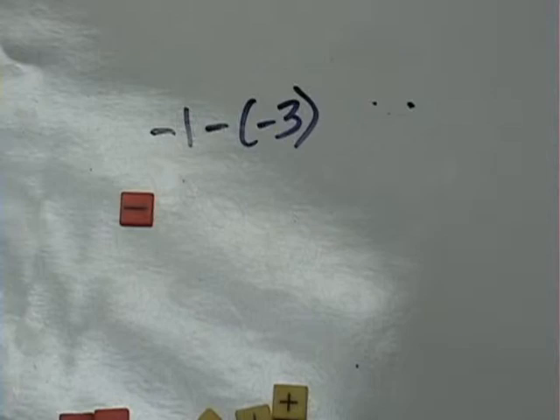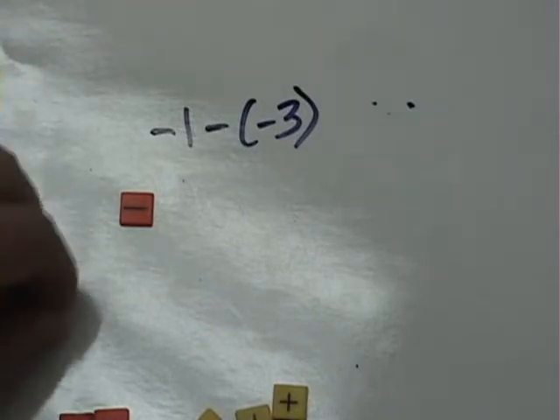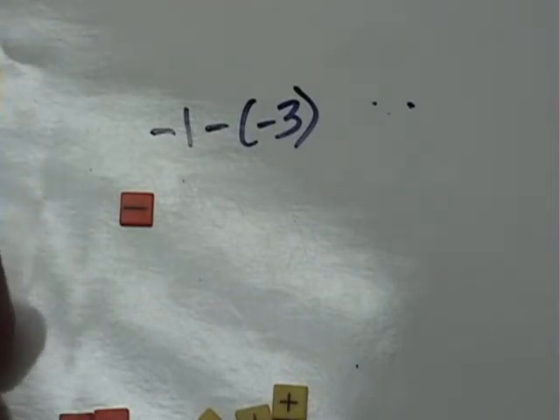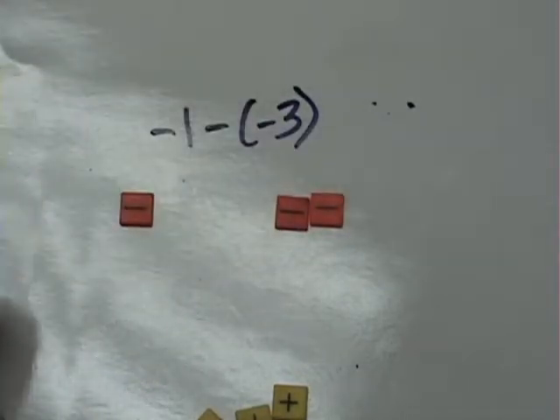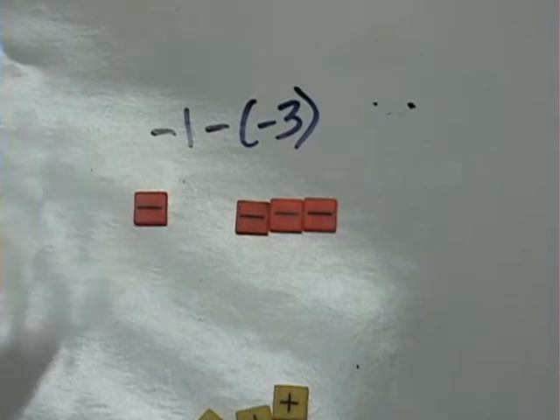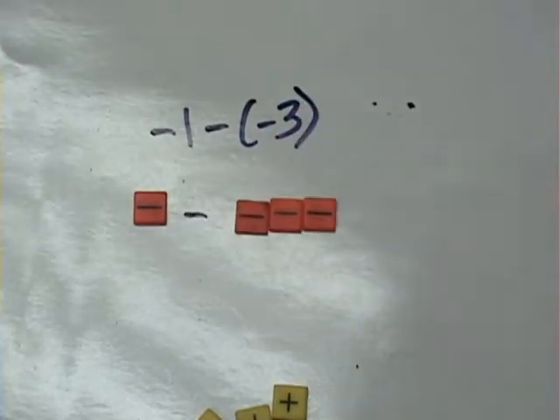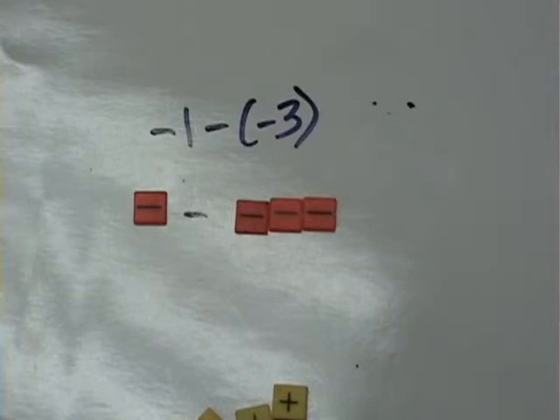We could think of this as negative 1 minus negative 3, but now how do you take away something that's already like that? This is a problem that the students are going to have. They're really not going to understand, possibly the first time it's introduced, negative 1 take away negative 3.